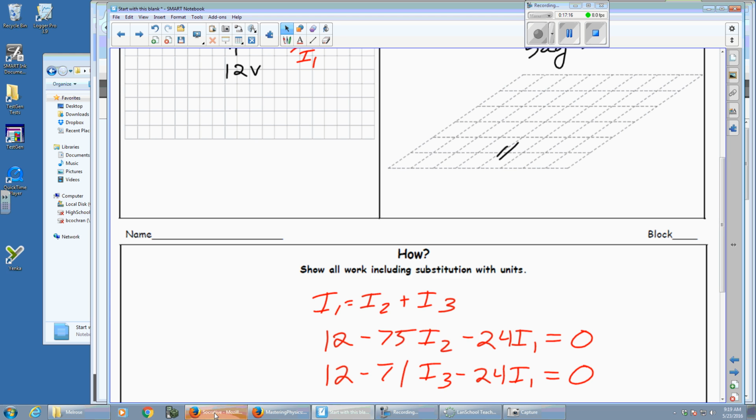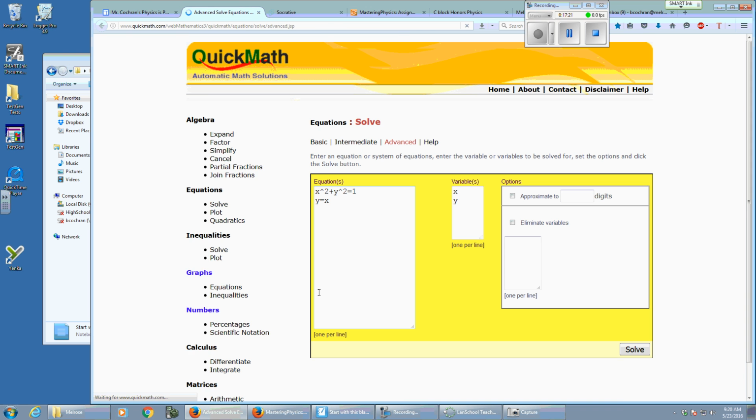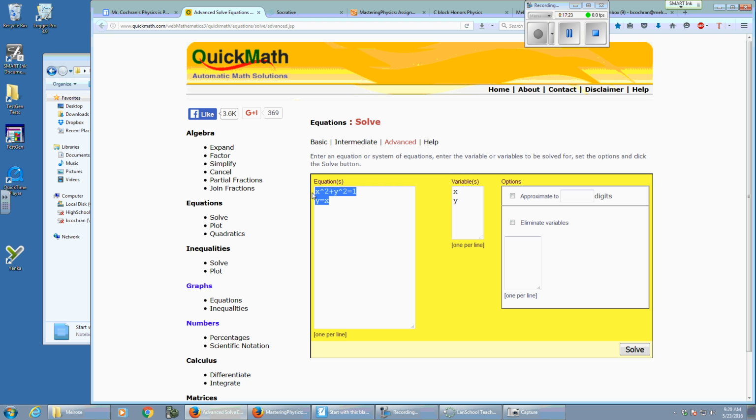And let's put those into one of our solves. I like the quick math one. So A equals B plus C. 12 minus 75B minus 24A equals 0. 12 minus 71C minus 24A equals 0.